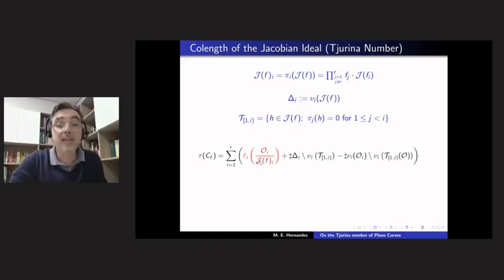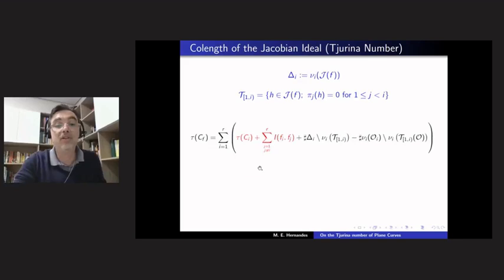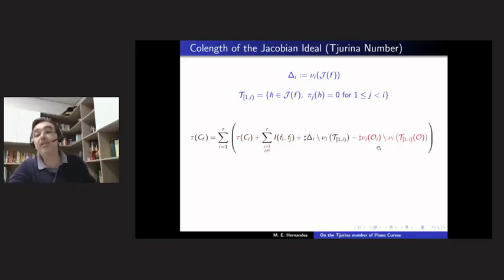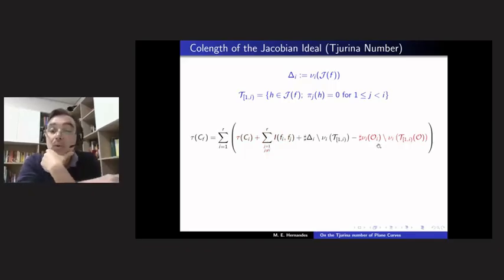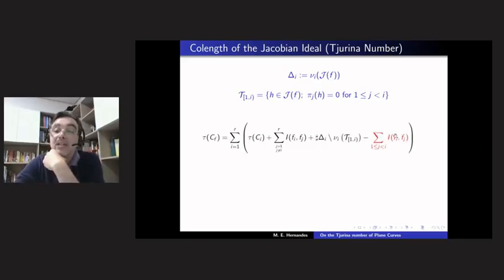So we can replace this blue expression by the Tjurina number of each branch plus the sum of the intersection multiplicity. The last expression we already computed when we considered the delta invariant, and we saw this cardinality is precisely the sum of the intersection multiplicity of Fi and Fj.